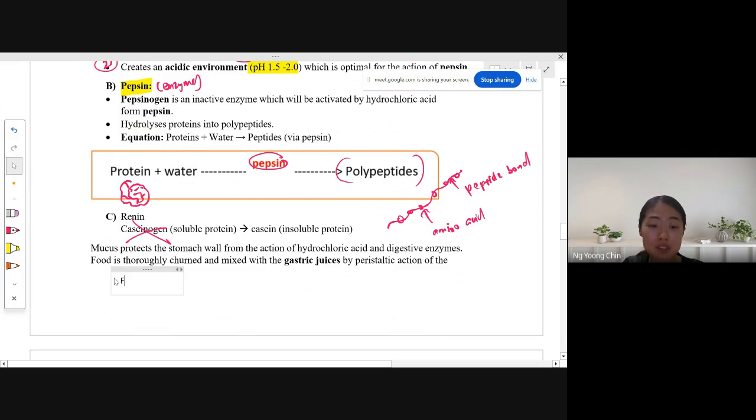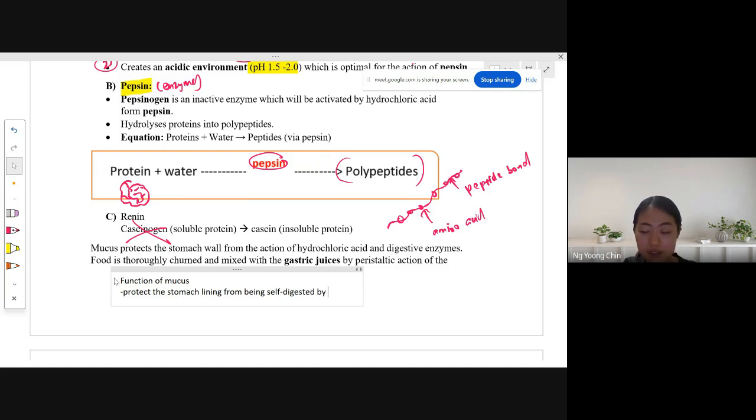So the function of mucus, you can write it down, as I've gone through this before in paper 4. They help to protect the stomach lining from being digested by the pepsin.